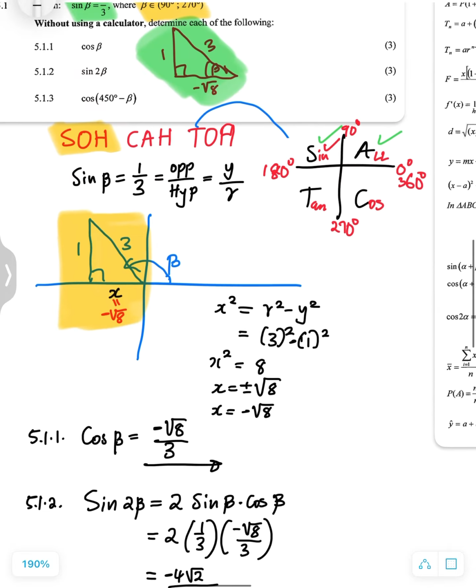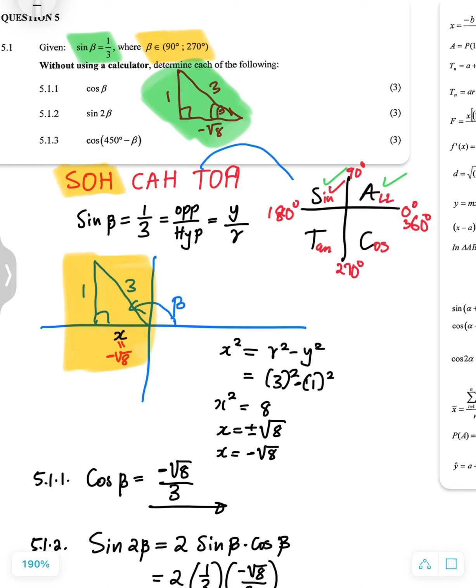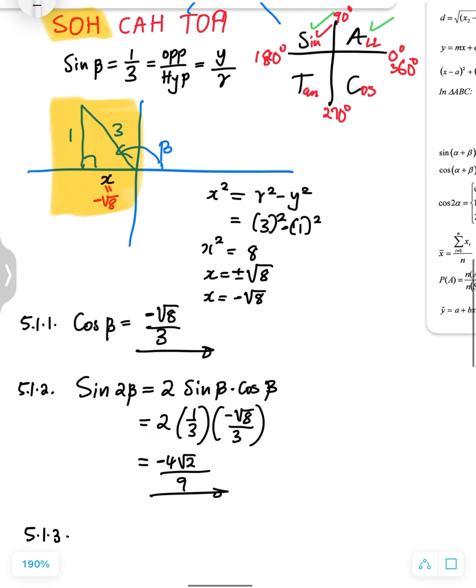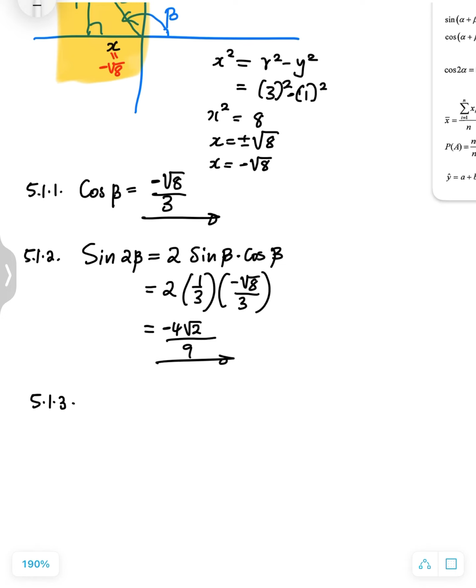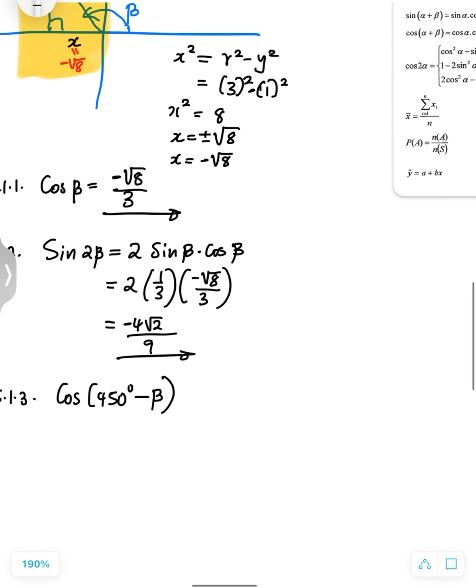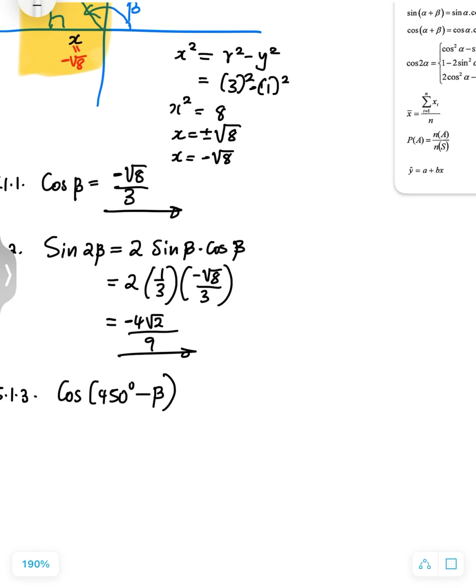And then 5.1.3, the question says determine cos of 450 degrees minus beta. Once you have any angle greater than 360, we can reduce that angle by subtracting 360 from 450.